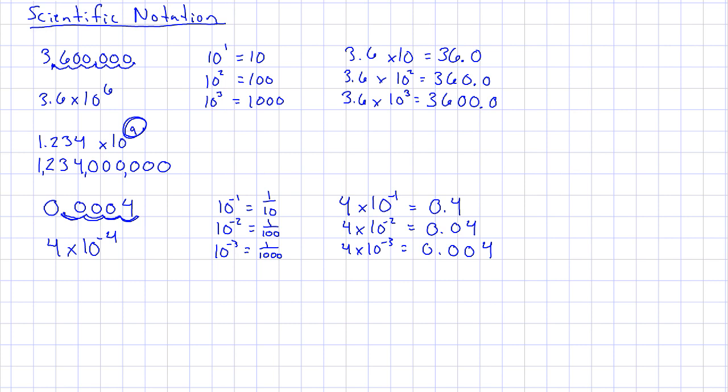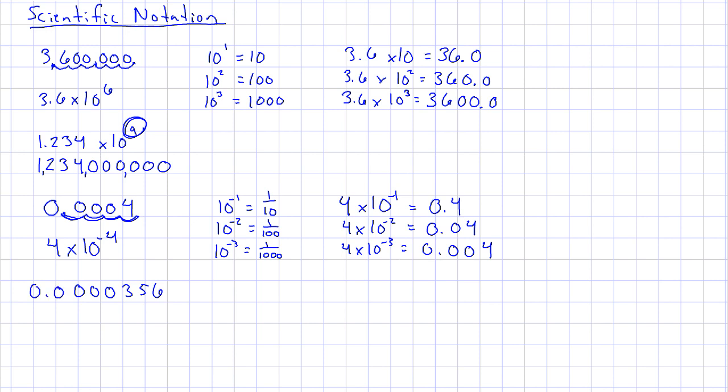Let's consider another example. 0.000356. Let me add one more 0 so it's different from what we did previously. So we'll do 0.0. There we go.